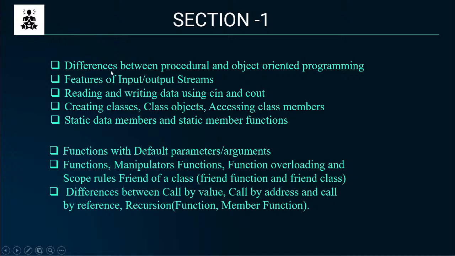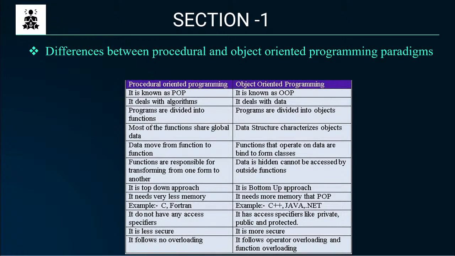So guys, our first topic is the difference between procedural and object oriented programming. We all know that procedural oriented programming is known as POP and object oriented programming is known as OOPS. These are the points which I am not going to teach you. You can easily understand by reading these points. I will tell you the basic difference.